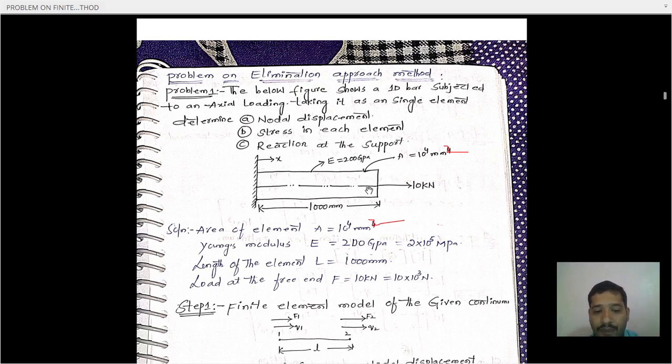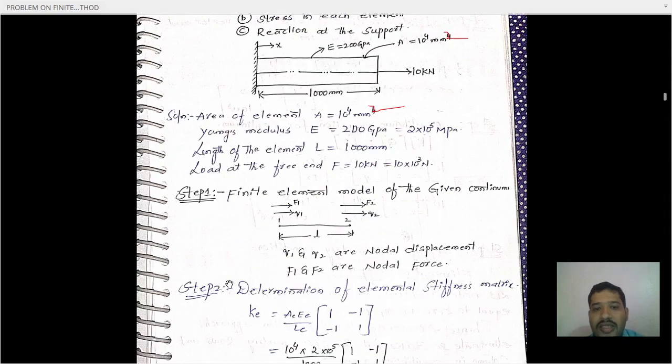Always remember. Okay dear? In step number 1, this is the finite element model of the given continuum. This is the first node, and this one is the second node. The total length of the cantilever beam is represented by L, which is 1000 mm.